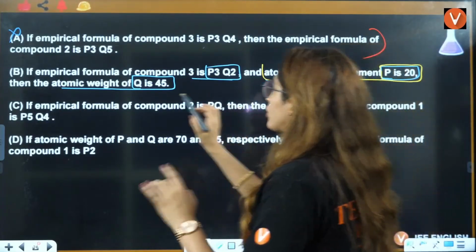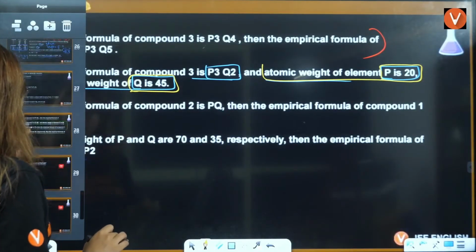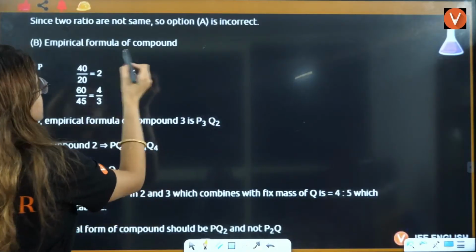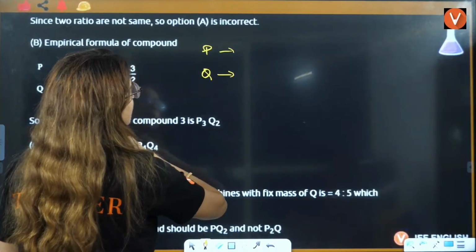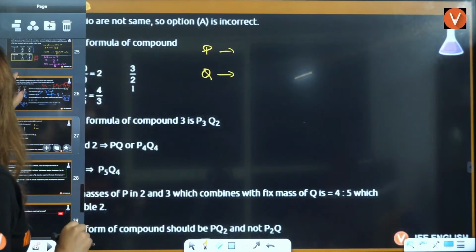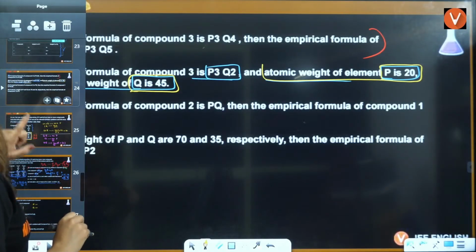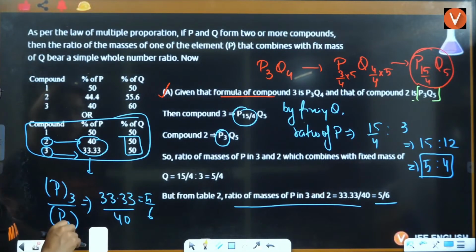P is 20, atomic weight is 45. This is option B. How will you solve this? This is P, this is Q, right? Now they are saying that this is in compound 3, right? P is 20, Q is 45.